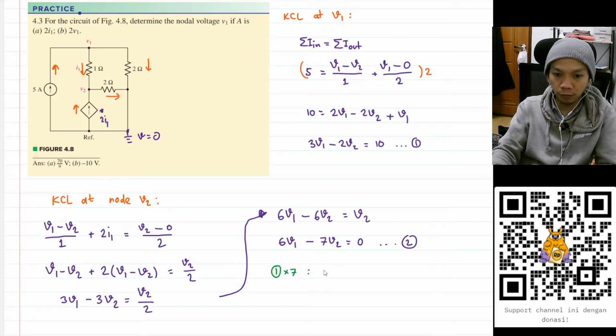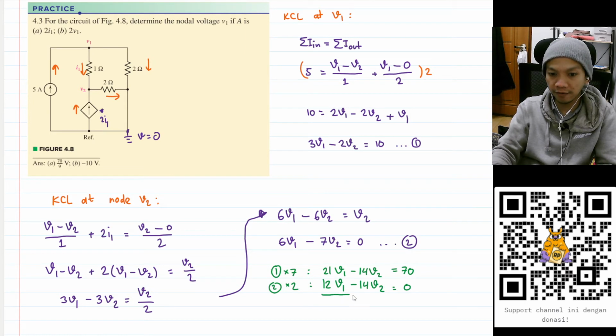So I will have 21V1 minus 14V2, that will equal 70. And for equation number 2, I multiply this by 2. So I will have 12V1 minus 14V2, and that will equal 0.